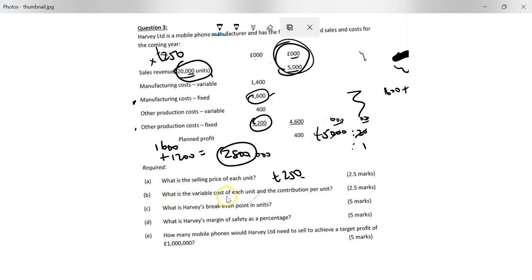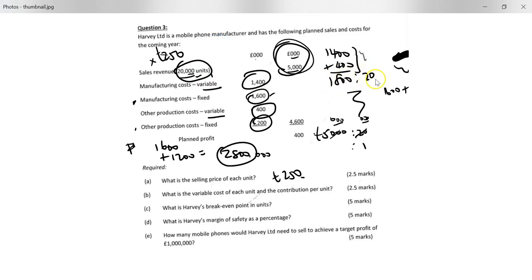The variable cost of each unit. Look at it, variable and variable. So the variable here, if you like, is the 1,400 plus 400 for all the units, and you made 20,000 units. So here we have 1,800, well, 1.8 million for 20,000 units.